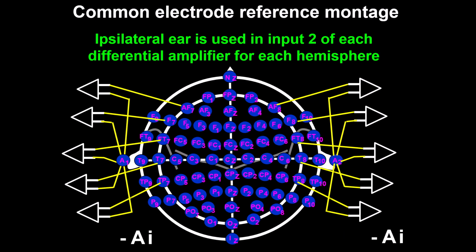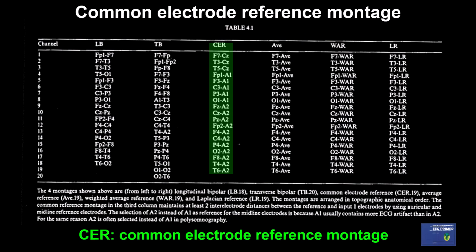The guidelines from the Academy of Clinical Neurophysiology also consider common electrode reference montage when an ipsilateral ear is used to connect each hemisphere. And the EEG Primer, third revised edition, lists as common electrode reference montage a montage with an arrangement that includes 3 different reference electrodes coming through input 2.